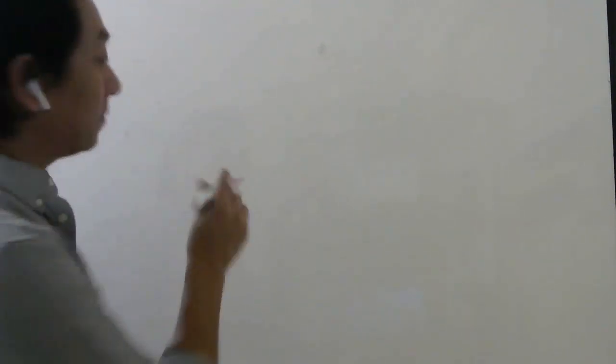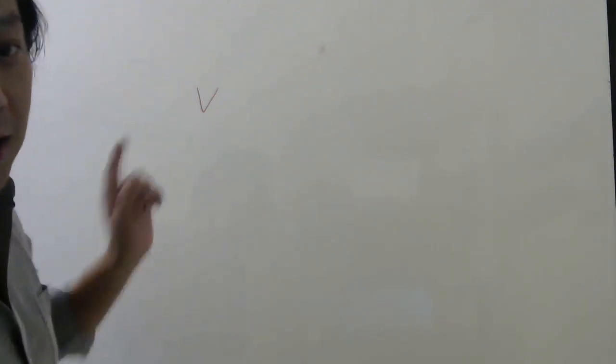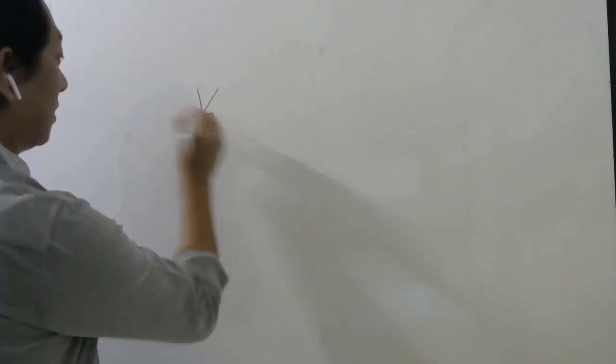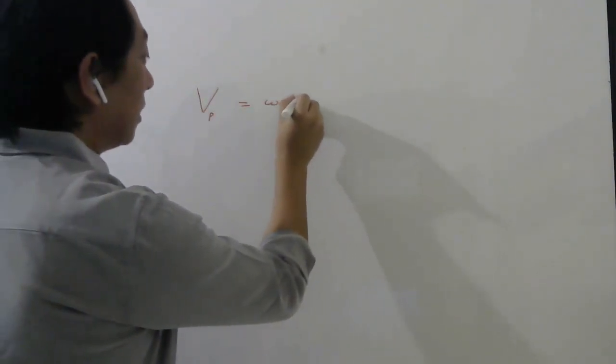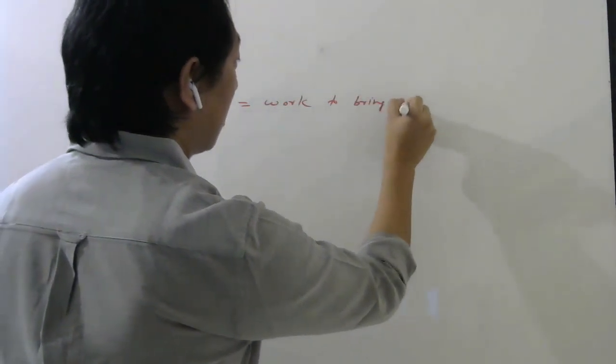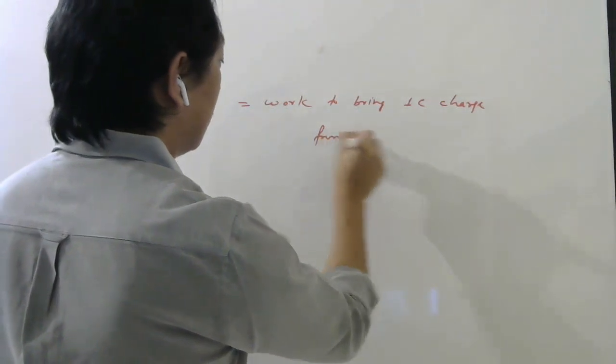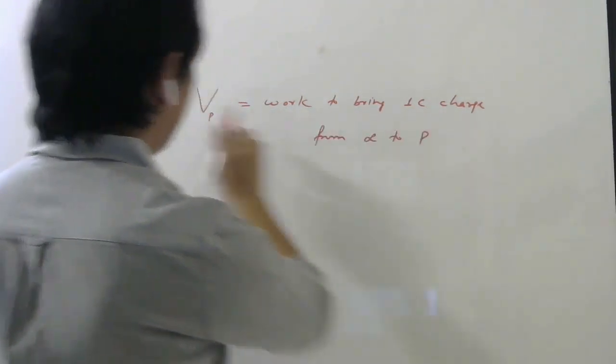Let me just remind you of whatever we have done. We introduced the concept of electrostatic potential at a point P. This is the work done to bring a unit charge, 1 coulomb charge, from infinity to this point.